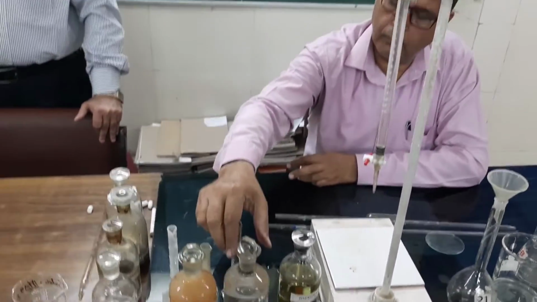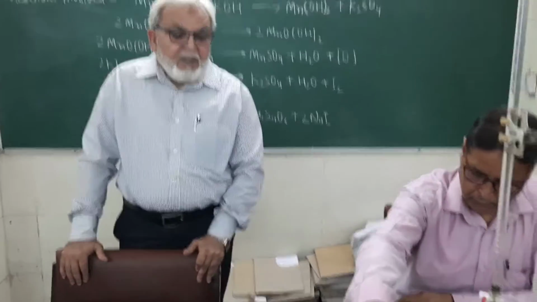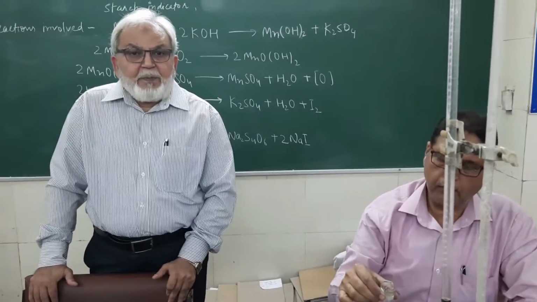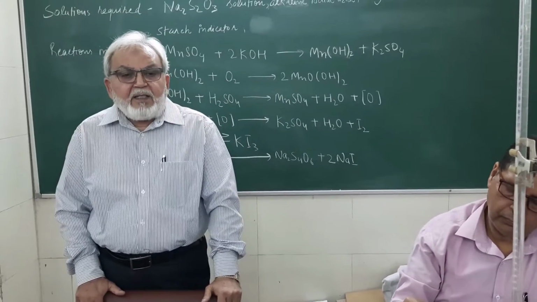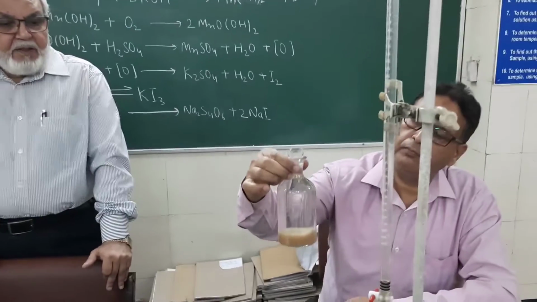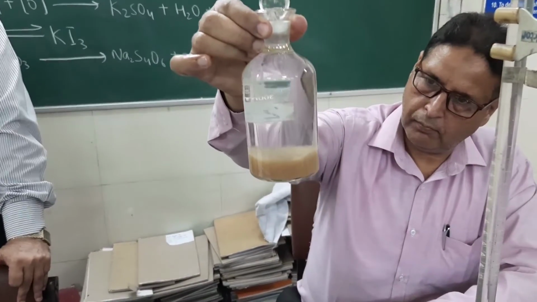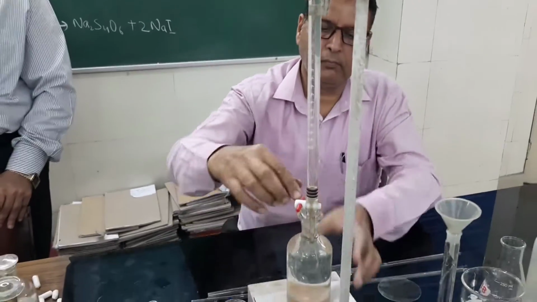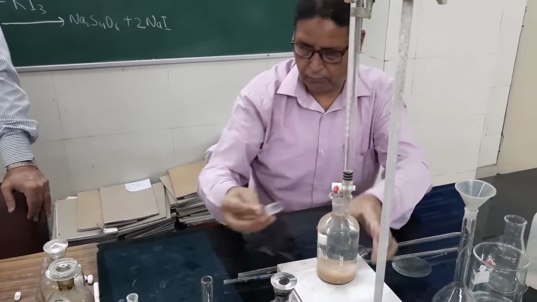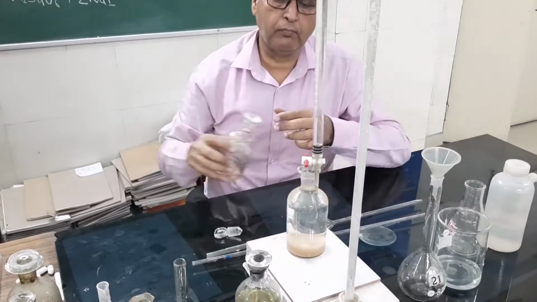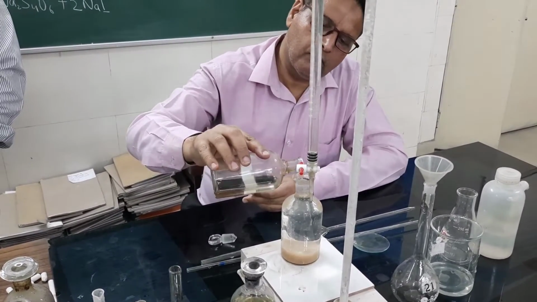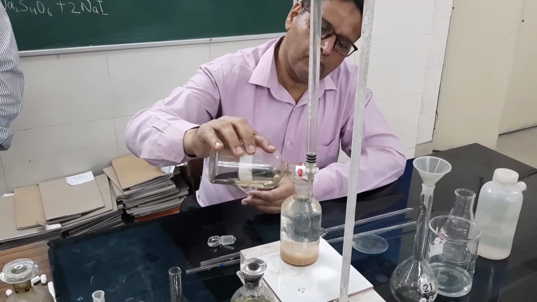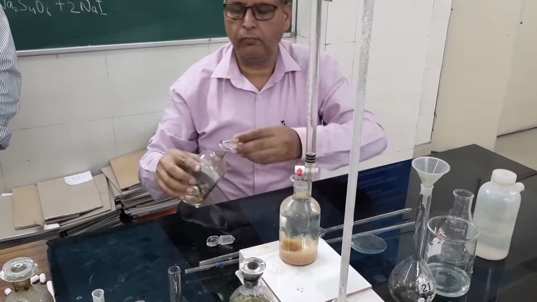Now keep this bottle undisturbed for 5 minutes so that the precipitate formed may settle down. You can see that the precipitate has settled down. Now dissolve this precipitate in minimum volume of concentrated sulfuric acid by keeping the bottle inside the sink.